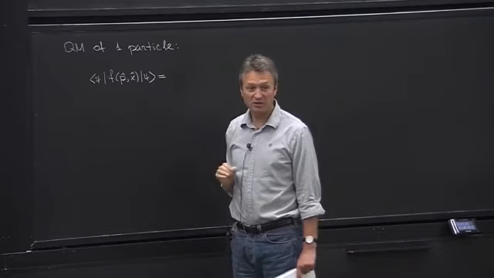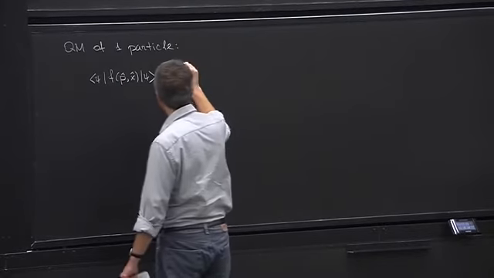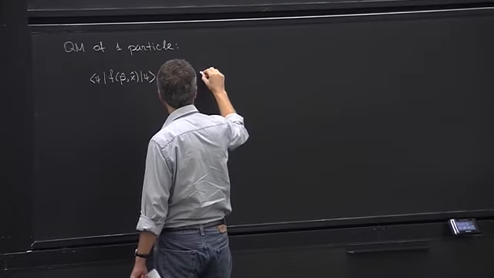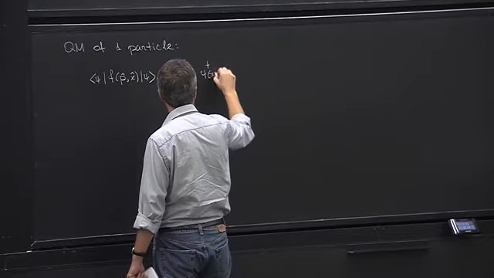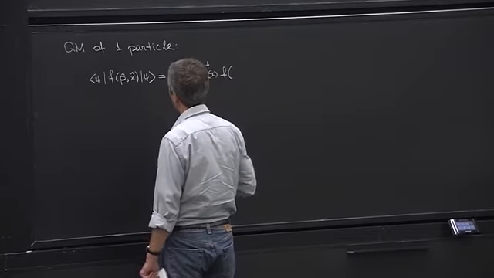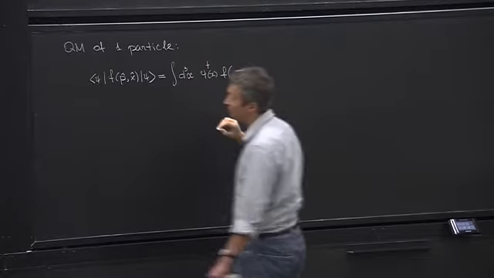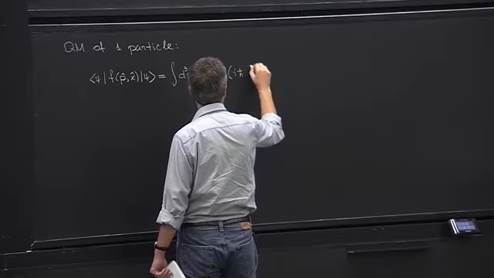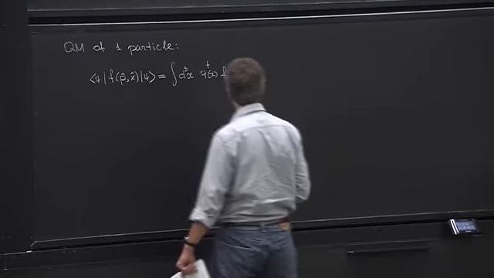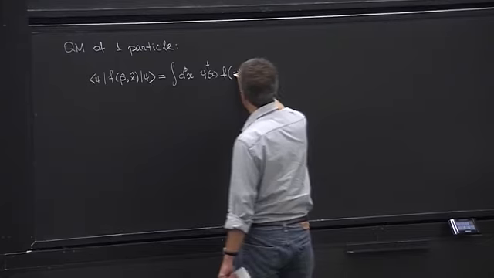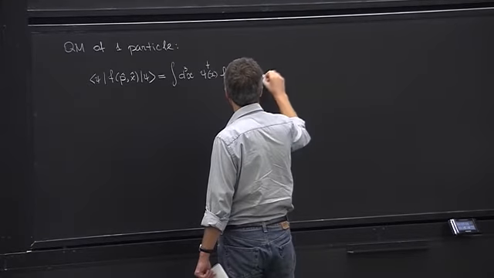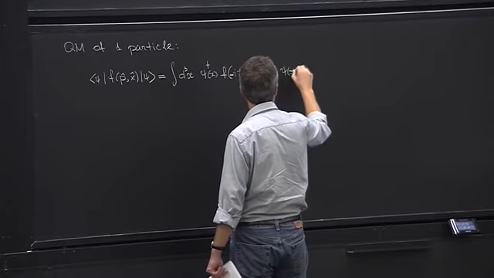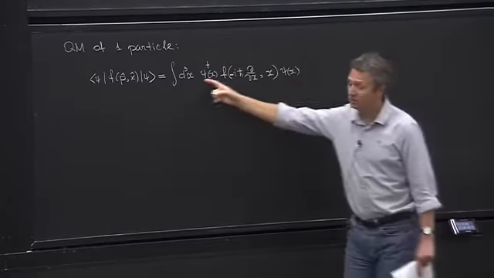And we know the wave function of the state in the x representation. Well, then what we do is we integrate over the whole space of psi star of x times F, where we replace p by minus i h bar d over dx, and then x, and this should act as a differential operator on psi of x, and then we integrate.